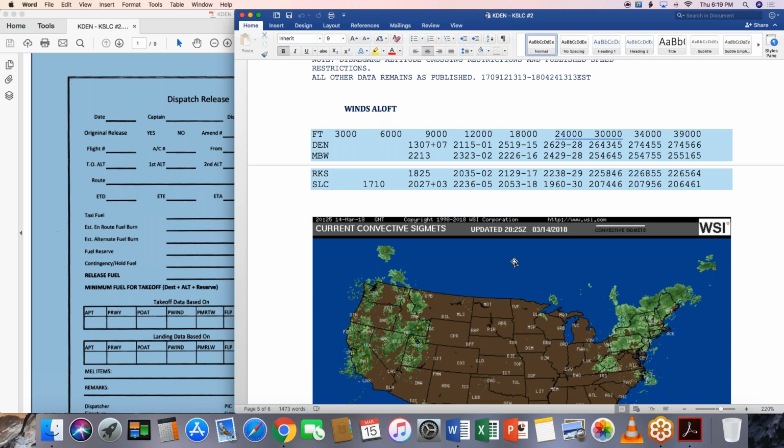Now that I have this data, wind direction, wind speed, and temperature, I take these two, add them together. That gives me 47. Divide that by 2. That will give me my average. Take these two and add them up together. That's 116.